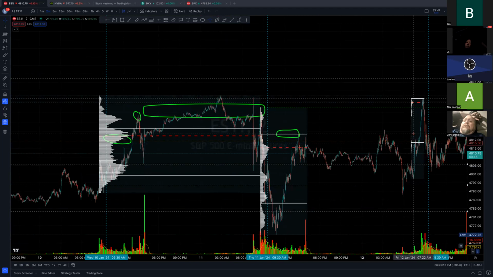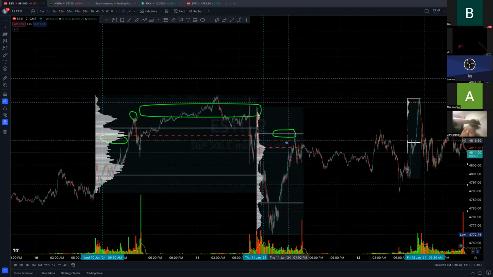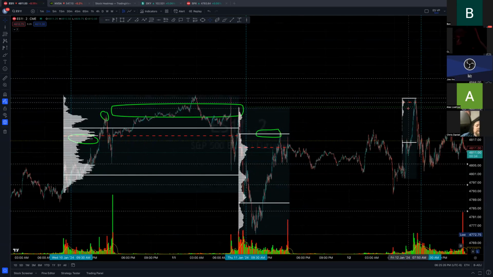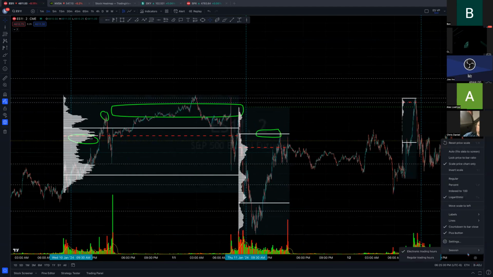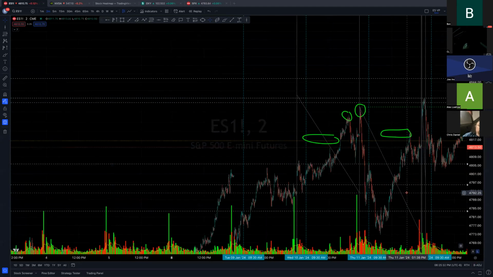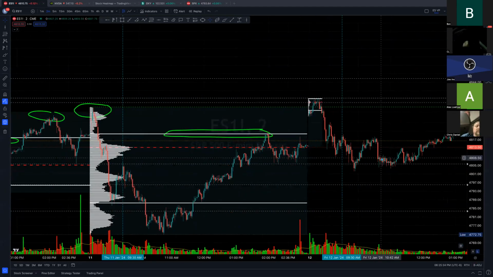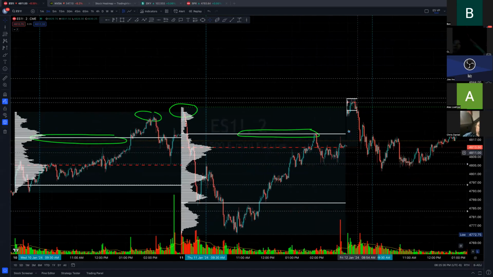So that's showing me that there's very little trading going on at these highs. Whenever you have massive nodes form, that's showing you that there's a lot of trading going on. And over here, of course, it was the market open, so it would be pretty common to see very low volume.